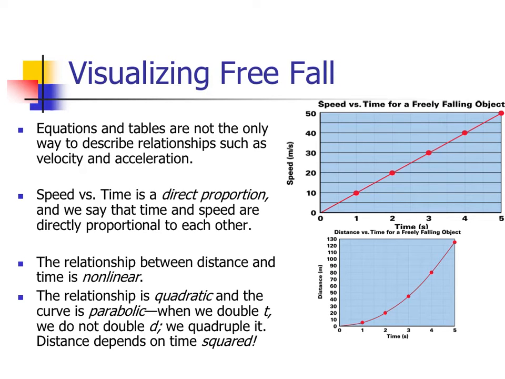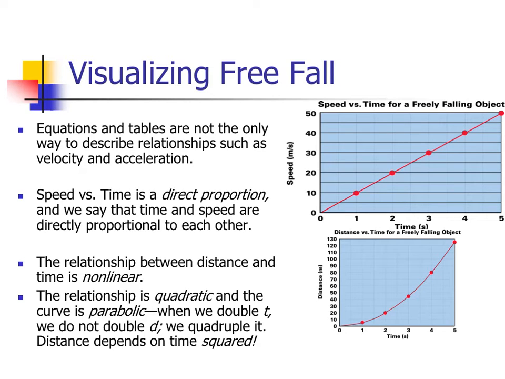What is the slope of this line? Well, it's constant, but it needs to have a curvature for the distance time, because that's the tell that something is accelerating: a curve in the graph.